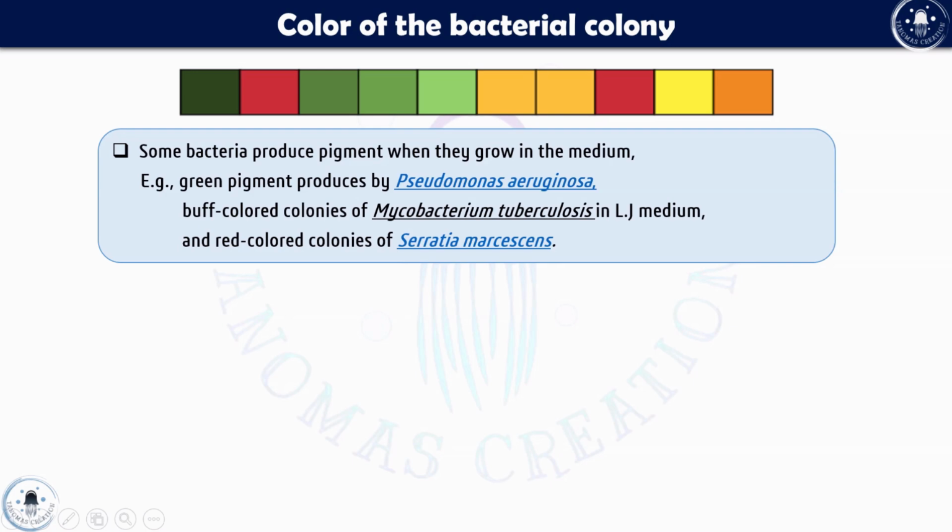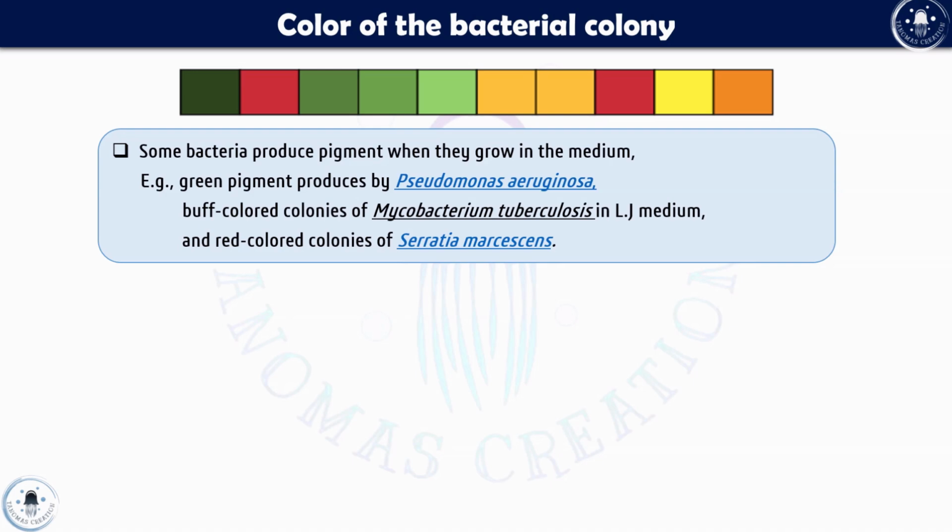Buff colored or off-white colored colonies can be seen of Mycobacterium tuberculosis if grown in LJ medium, and red colonies can be seen of Serratia marcescens.